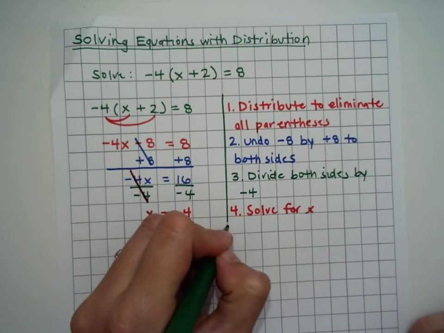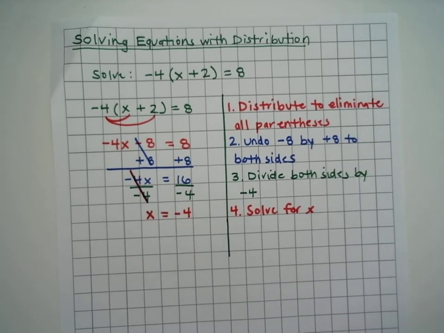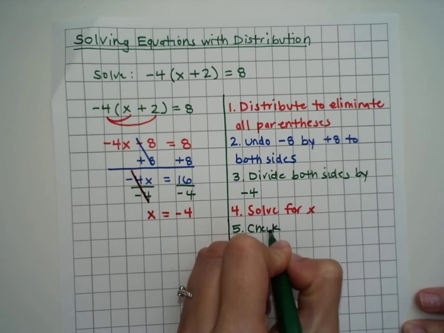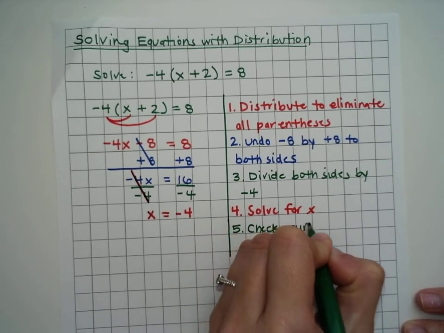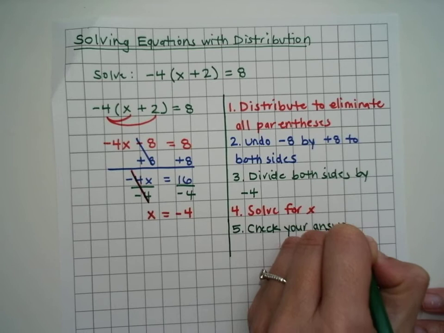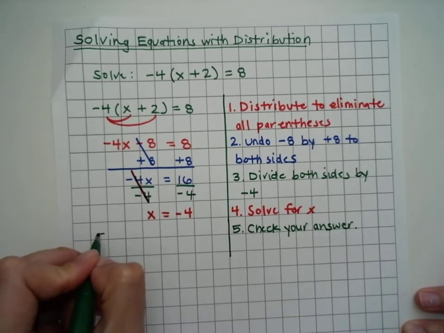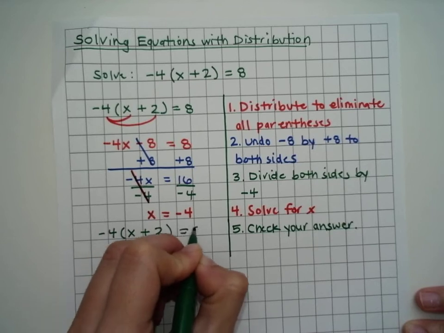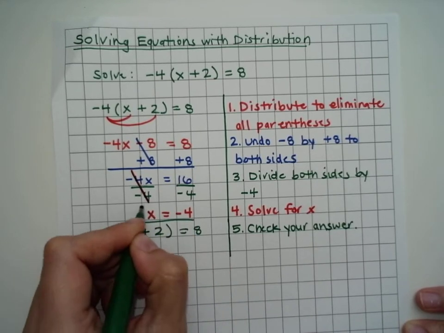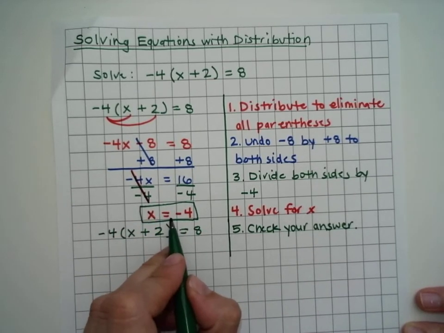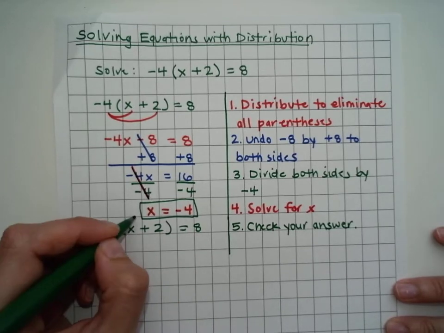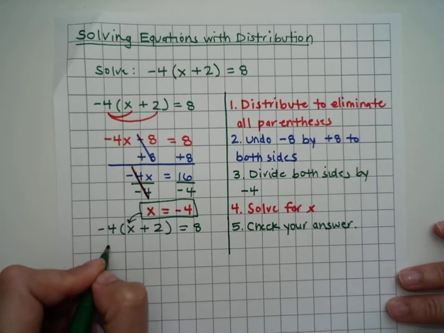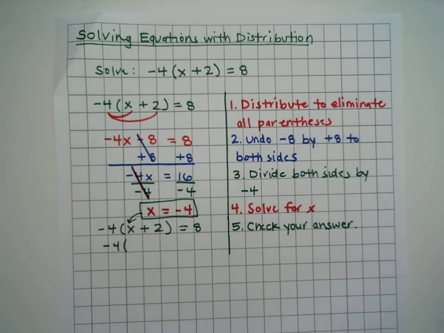We're almost done. Now we need to check our answer. So we're going to bring down our equation that we started with, and we are going to substitute in x. So we said x equals -4, so we're going to substitute in -4 for x.